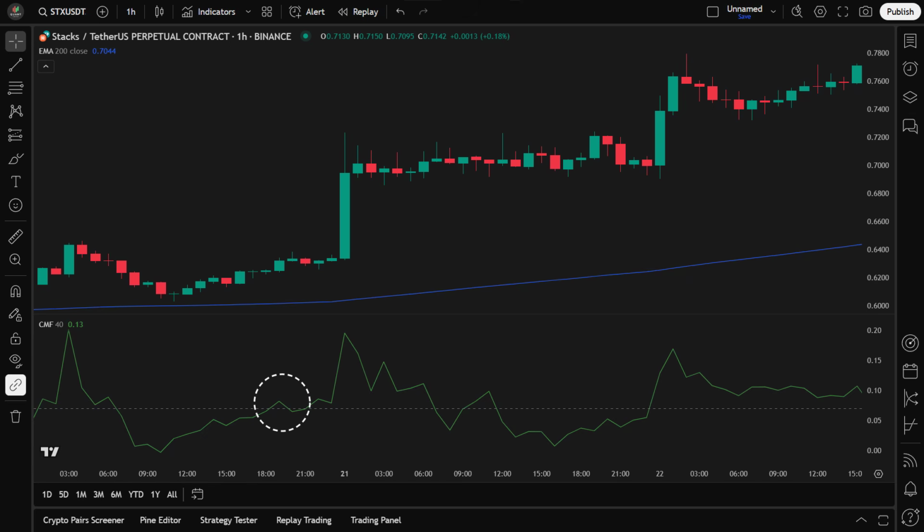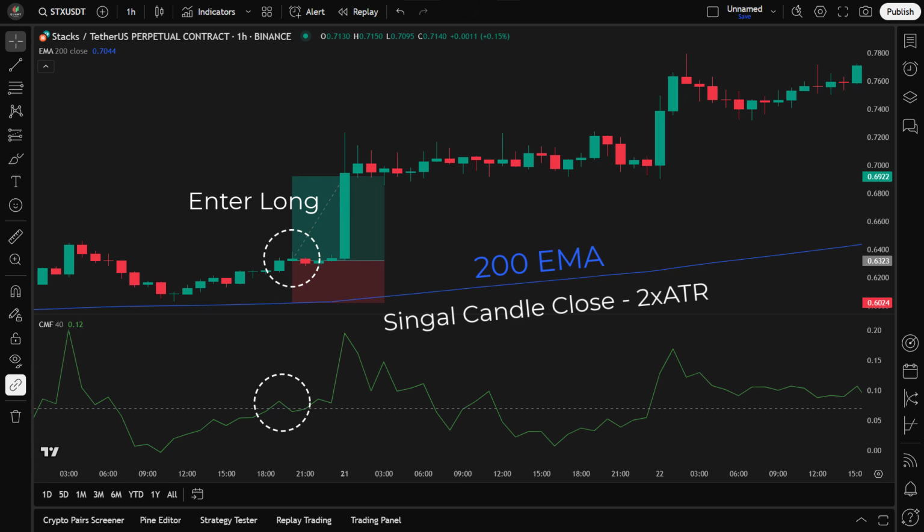3. To stay aligned with the overall trend, we apply a 200 EMA filter. We only take trades when the closing price is above the 200 EMA, confirming we're trading with the trend and not against it. Once all three conditions are met, we enter the long trade on the next candle. For risk control, we're using an ATR-based stop loss, which adapts to market volatility. The formula is signal candle close minus 2 times ATR, using the average true range.